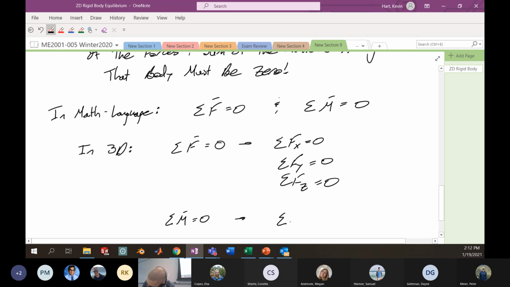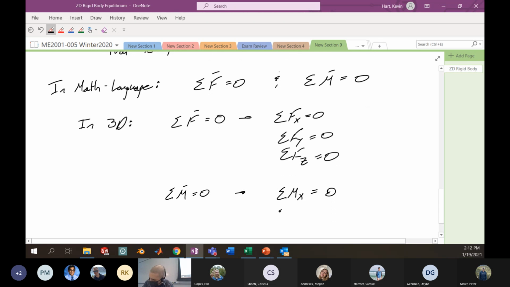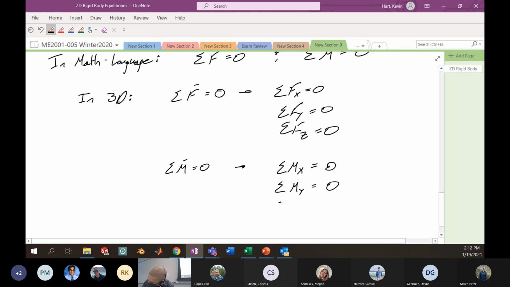Leads to sum of the moments in the x direction acting on the object are 0. That is the tendency for all the forces to create rotation about the x-axis. That's the sum of the moment in the x. Sum of the moments y equals 0, and sum of the moments z equals 0. Okay? So in 3D, this is actually 6 equations.